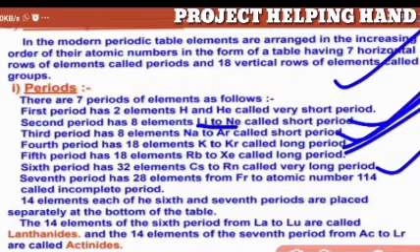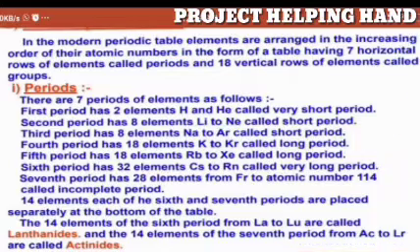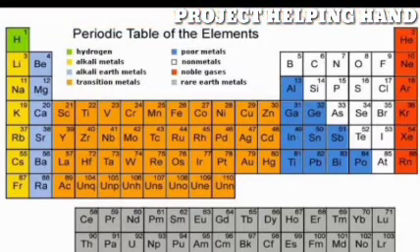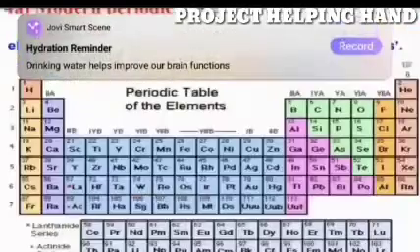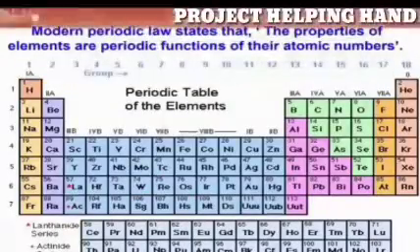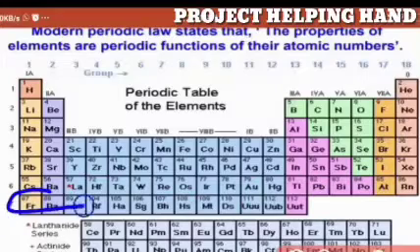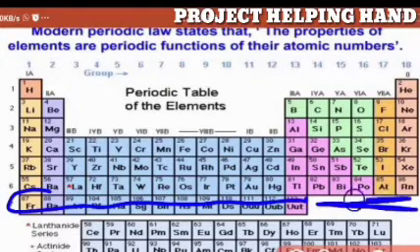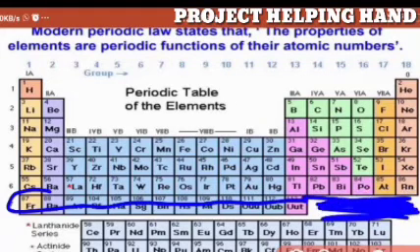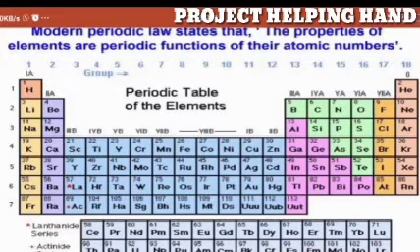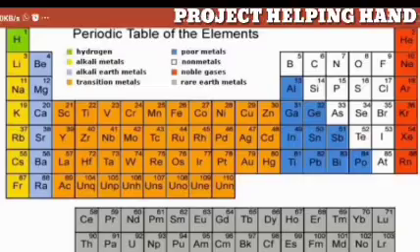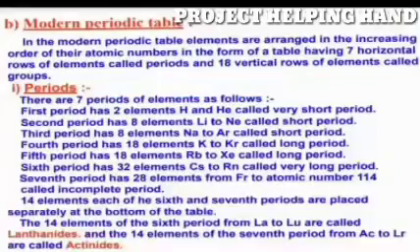Just see here, we have francium and so on up to this point, and this part is now blank. It is not complete. Because of that we call period number 7 the incomplete period.